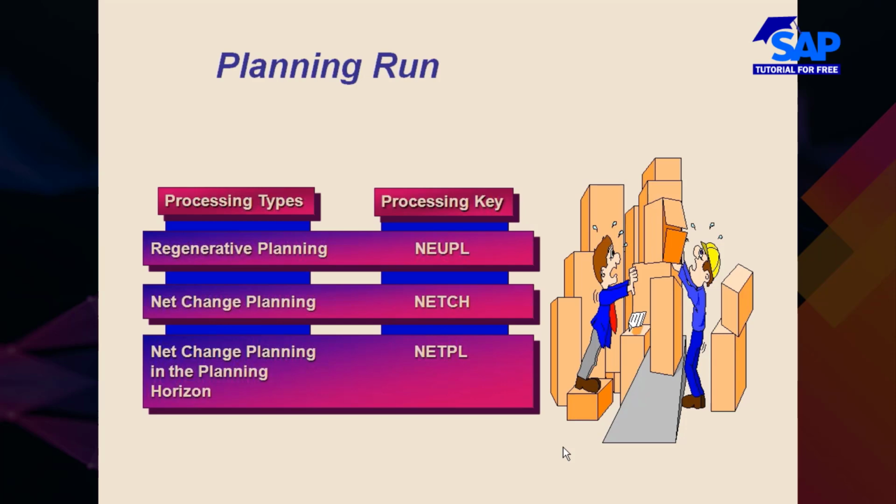I'll tell you one scenario. For example, you are running MRP once in a fortnight, once in 15 days. Assume in your plant you have got 100 materials. Is there any possibility that you use all the 100 materials day in and day out? Is that a real scenario?